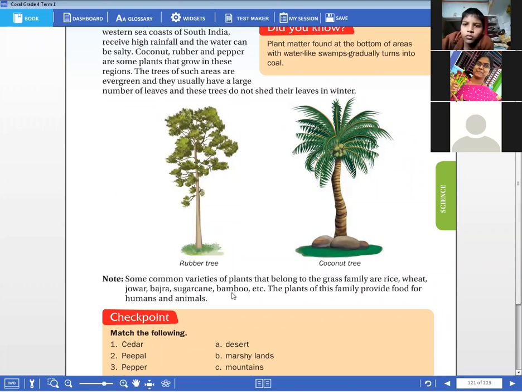Some of the plants related to the grass family are rice, wheat, jowar, bajra, sugarcane, bamboo, etc.